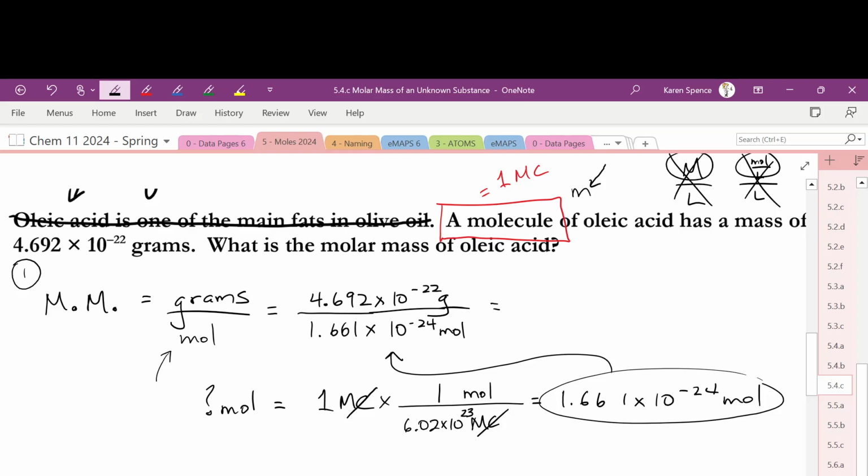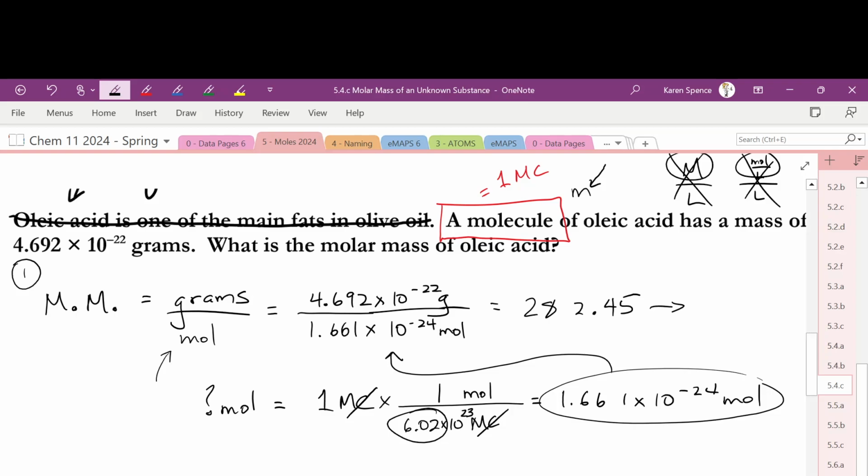I usually do 1 over the number, and then just multiply. 4.692 E negative 22 equals 282.5. Oh, 0.45, sorry. Anytime we use 6.02 times 10 to the 23, that gives us how many sig figs? 3 sig figs.